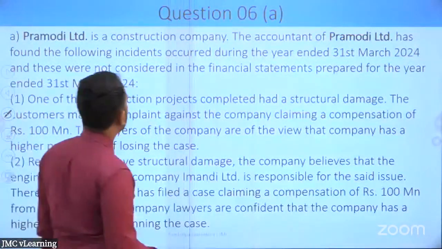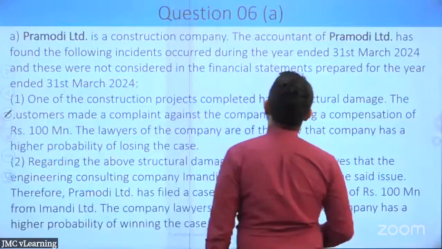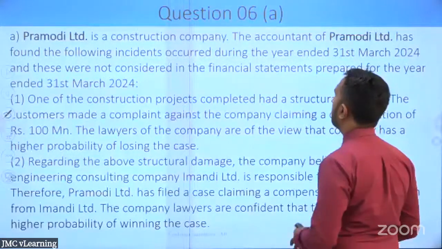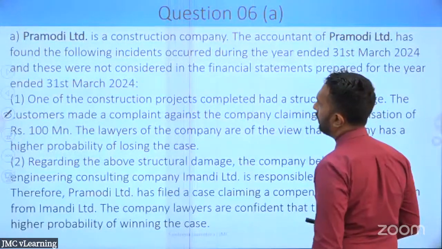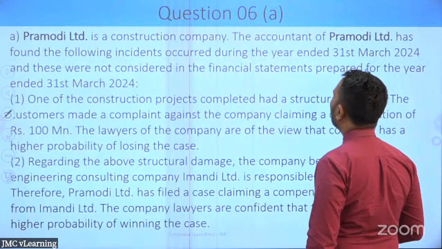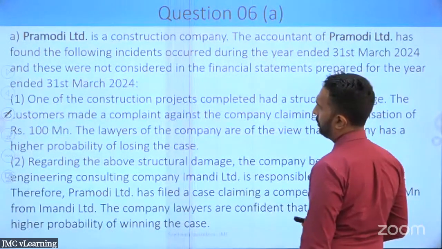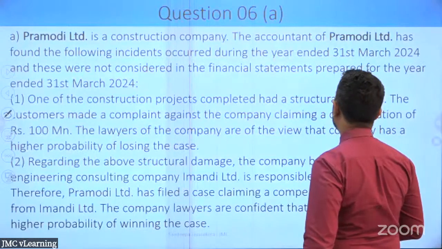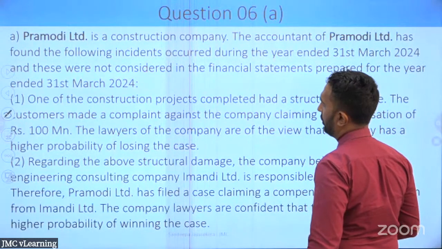Pramodi Limited is a construction company. The accountant of Pramodi Limited has found the following incidents occurred during the year ended 31st of March, and these were not considered in financial statement preparation. One of the construction projects completed had a structural damage.